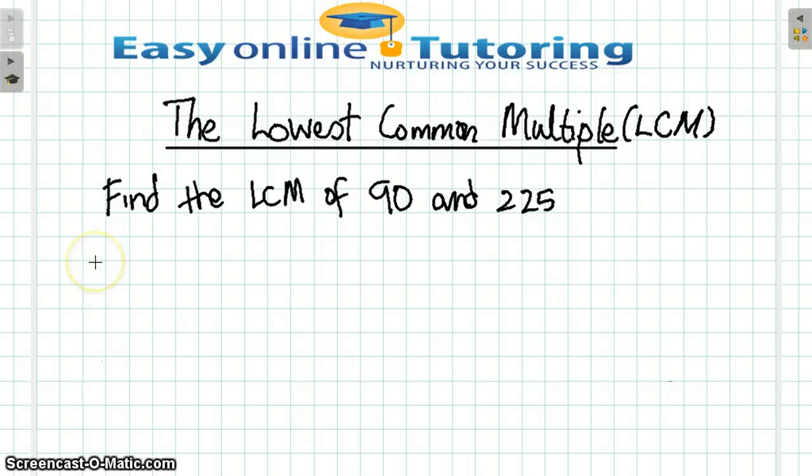In this question, we're asked to find the LCM of 90 and 225. Again, we do the same procedure of factorizing the first number, which is 90, down into its prime factors.